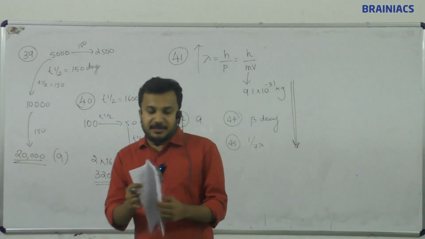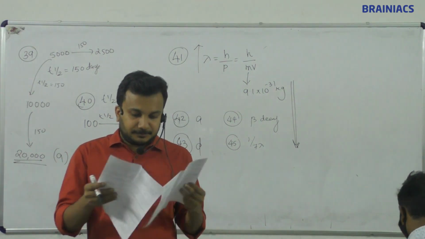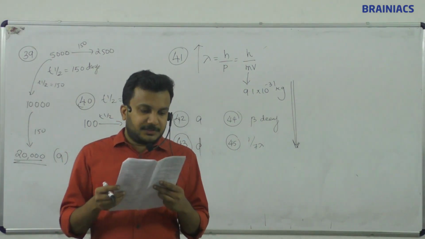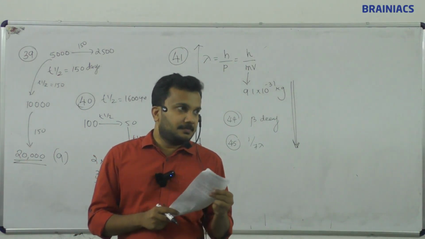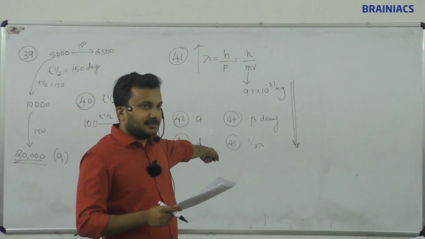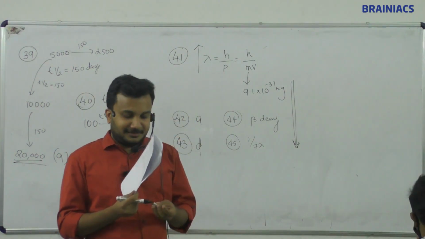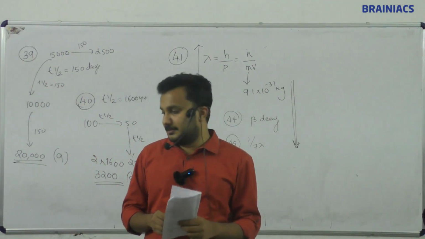Same questions we have done. Question number 18 is one, and question number 25 is another. Then 45 has different values. Don't just write 1 by 7 lambda. Solve it and write.